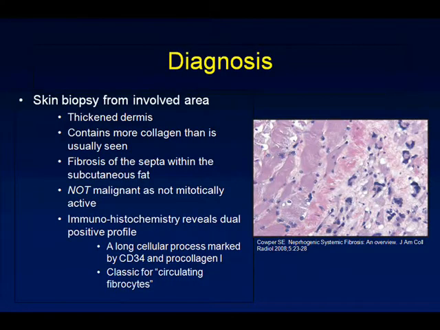The diagnosis is made from a skin biopsy of the affected region. Basically, you see thickened dermis. You're going to see more collagen than usual, and fibrosis of the septa. It's not a malignant entity. And one of the classic features is the circulating fibrocytes, which is proposed in the pathogenesis.